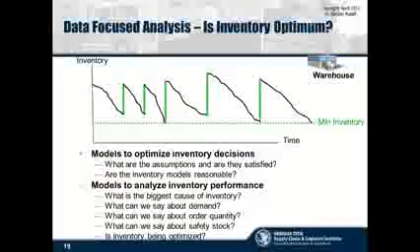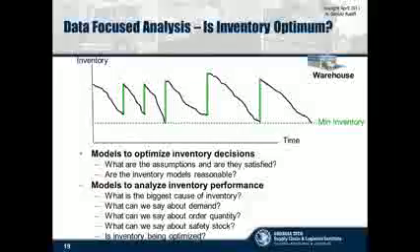Another thing that's made inventory far more complex is that every picture I've drawn is for a single product. And almost never are you going to purchase a single product. You're going to purchase multiple products, and often multiple products are going to be shipped together. So first, the numbers are big.